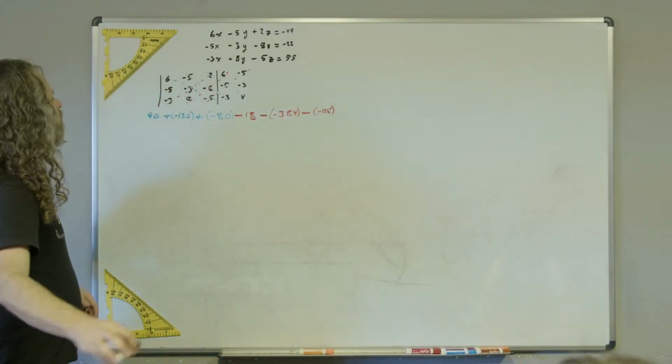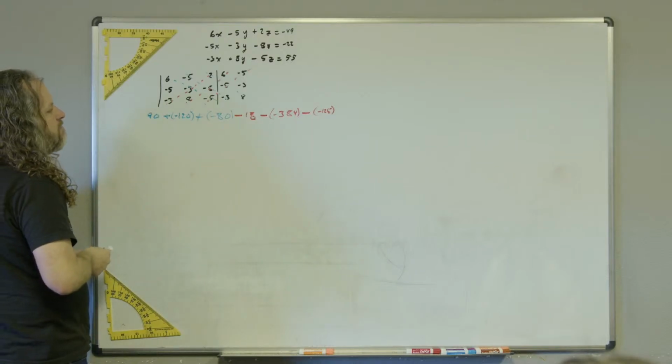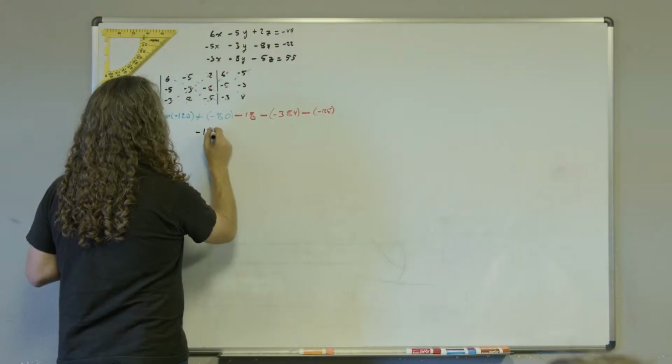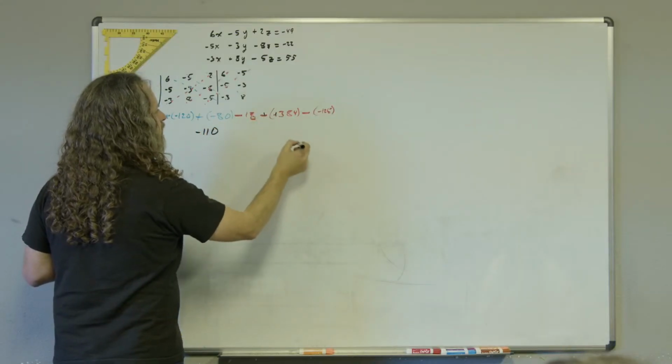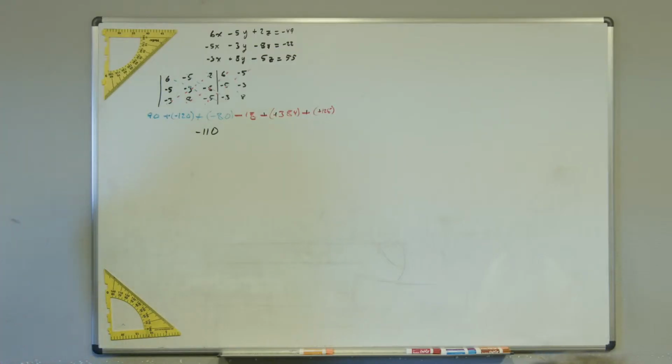Okay. So 90 plus negative 120 plus negative 80. Negative 110. Ka-chink, ka-chink, ka-chink, ka-chink. Negative 18 plus 384 plus 125.